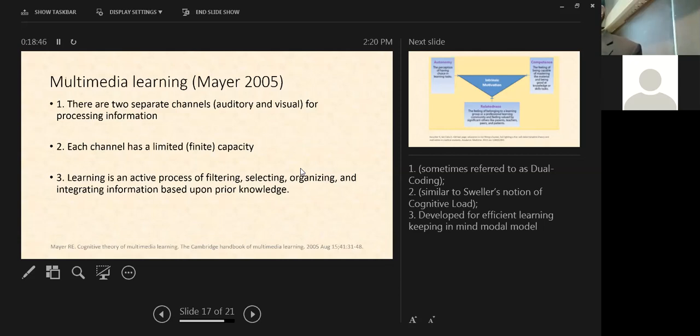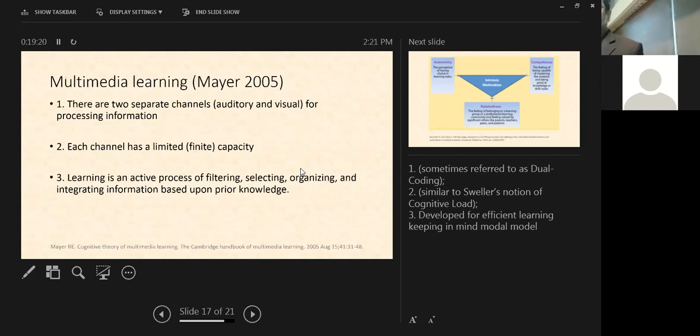That's what the theory has shown. Each channel has a limited capacity, or what we also call cognitive load. Probably the visual has a higher load than the auditory, because the auditory has a bottleneck. It requires more processing in the brain to make sense of the words. That's why pictures are easier to understand. So whenever you're narrating something, try to have a visual representation along with it.